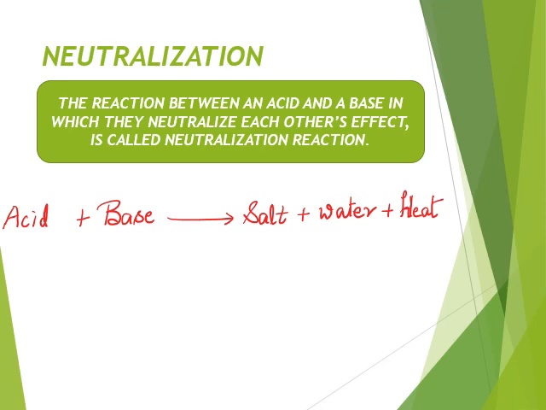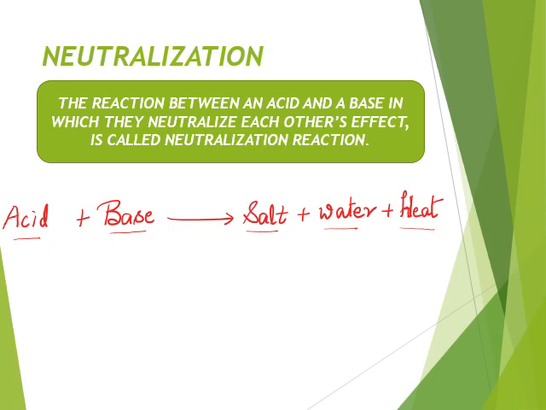And during this process, heat is also evolved. So to write it in the form of a reaction, you can write it as acid plus base will form salt, water along with the evolution of heat.